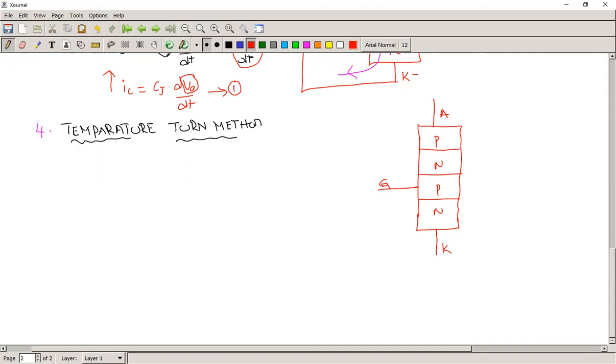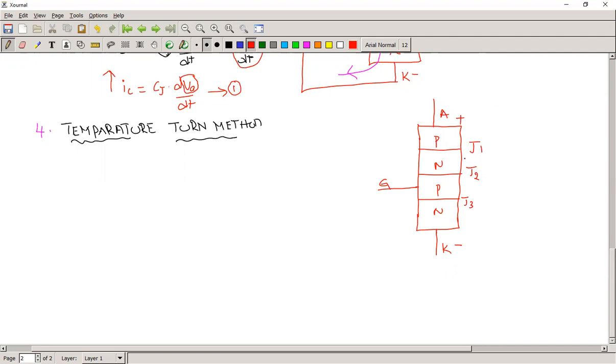In this case also we are not applying any gate voltage, just we are applying the positive DC voltage between the anode and cathode. Junction J1, J2, J3.